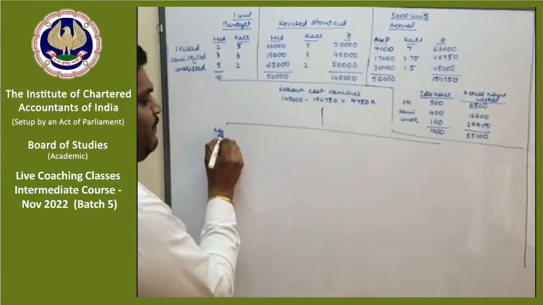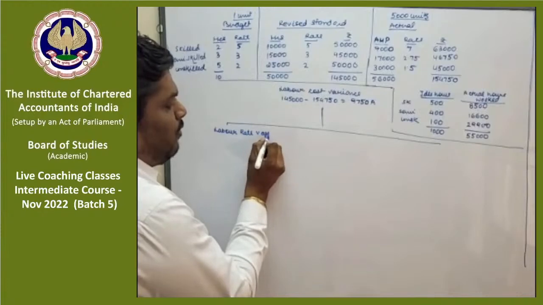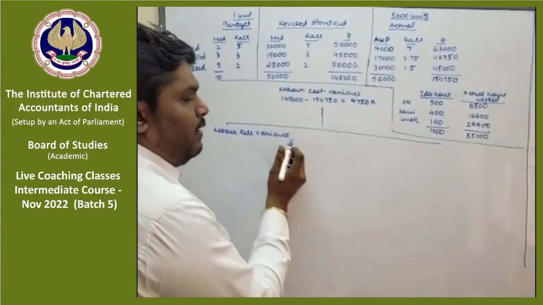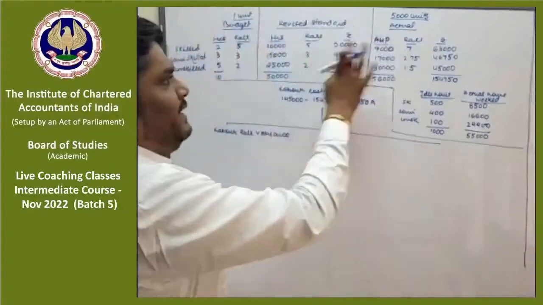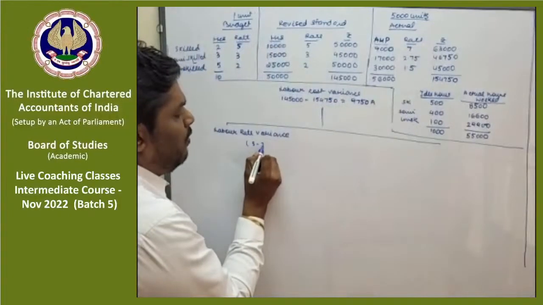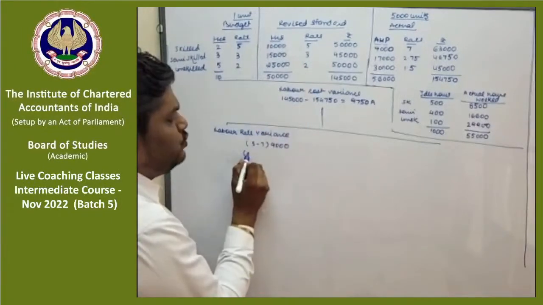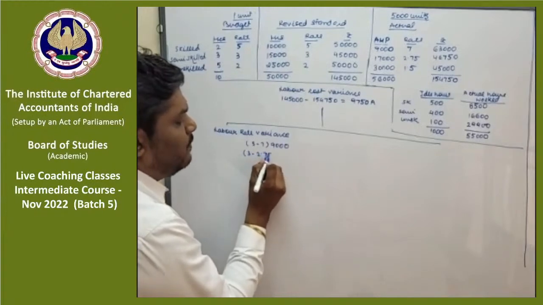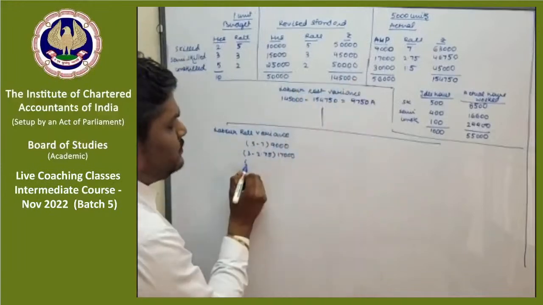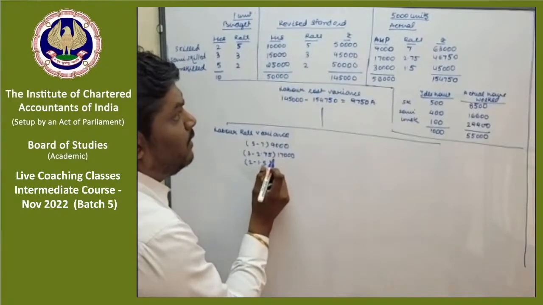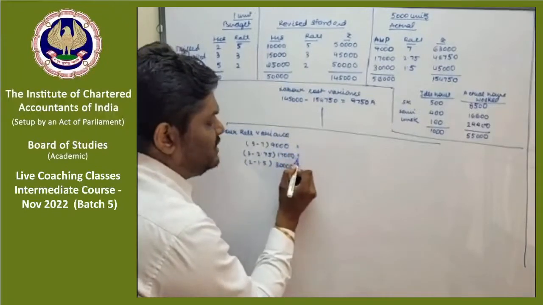Again, the calculation of labor rate variance will also remain the same. Very simple: 5 minus 7 into 9,000, 3 minus 2.75 into 17,000, and 2 minus 1.5 into 30,000. The calculation will be the same.